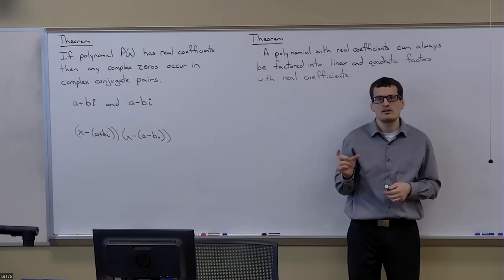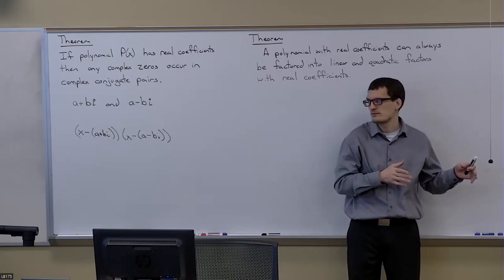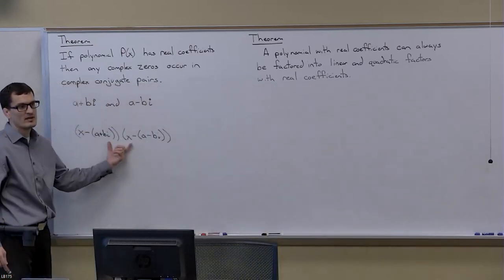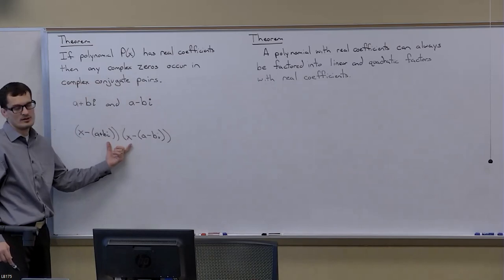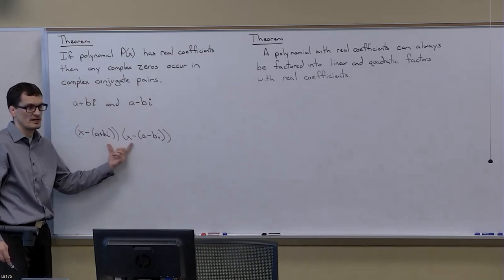So if we get a bunch of linear pieces, some of them may be real numbers, others may be complex, but the complex ones occur in conjugate pairs.